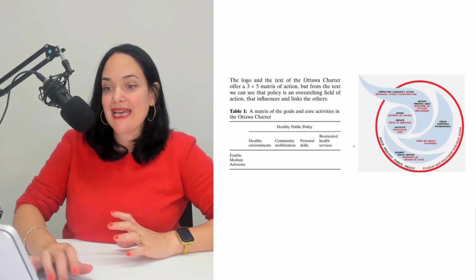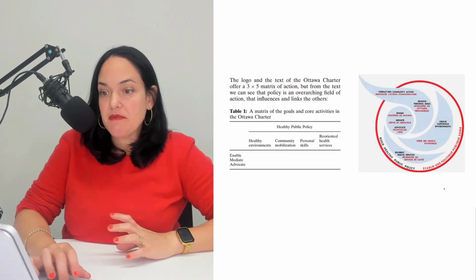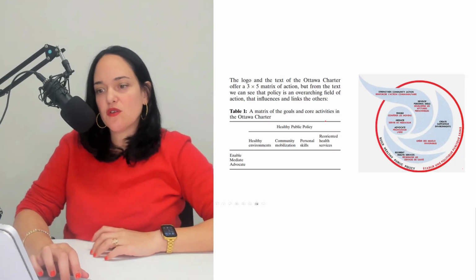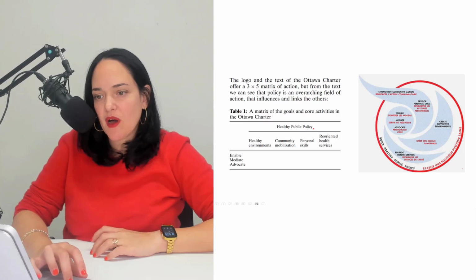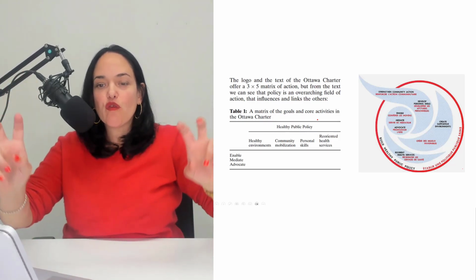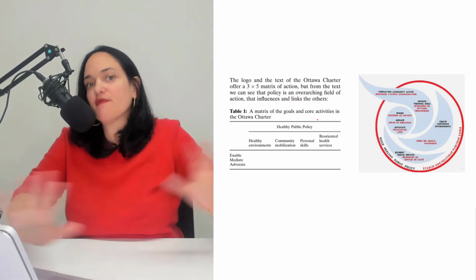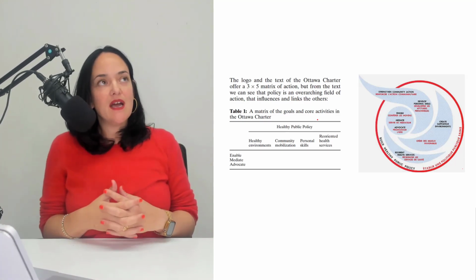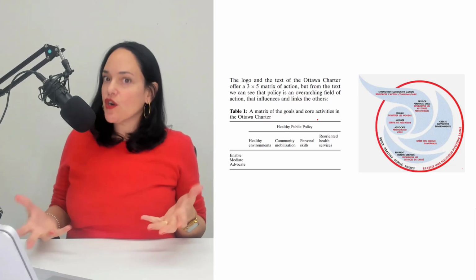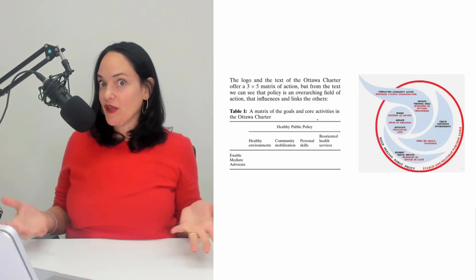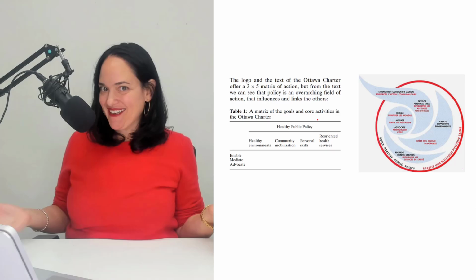So like I said, in this matrix from your reading this week, from Middlemark, you see healthy public policy at the top here. Healthy public policy is this overarching field of action. It influences everything else. And that's why, as I said in a previous video, it's hard to separate health promotion from politics totally.